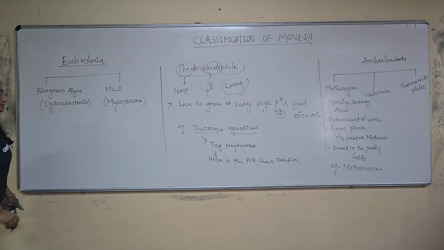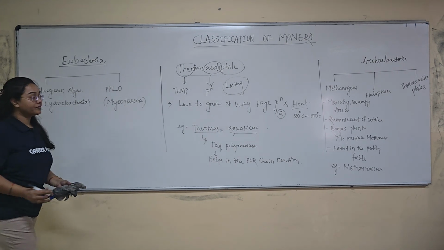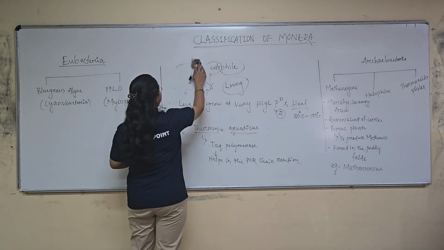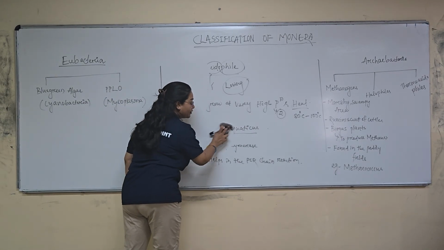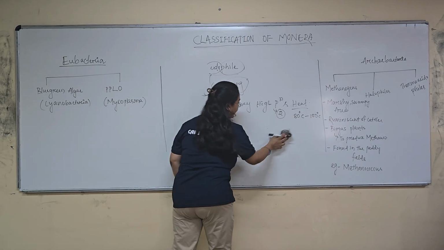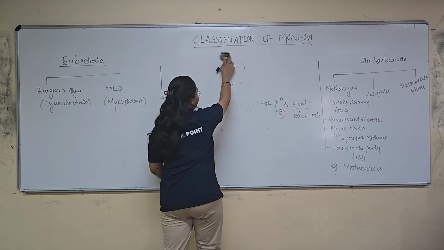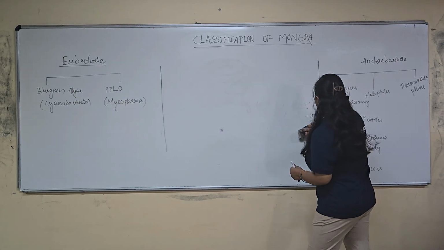So let's talk about the cyanobacteria in detail, right? The cyanobacteria are very important from your exam point of view. At least you can expect one question from this topic. Okay, let's talk about cyanobacteria.